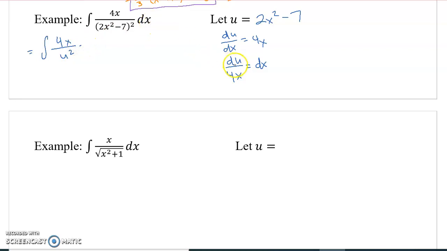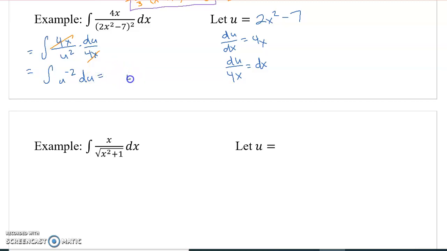And instead of dx, I'm going to replace dx with du over 4x. And just like in that example at the end of the last video, the 4x and the 4x are gone, like the noble gas argon, and we just have 1 over u squared, which can be rewritten as u to the negative 2 with respect to u.